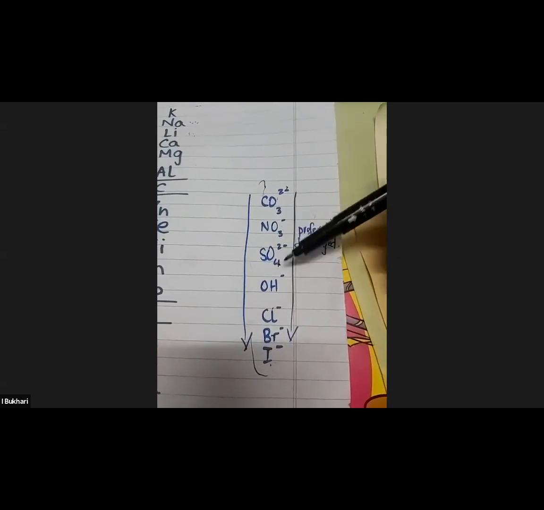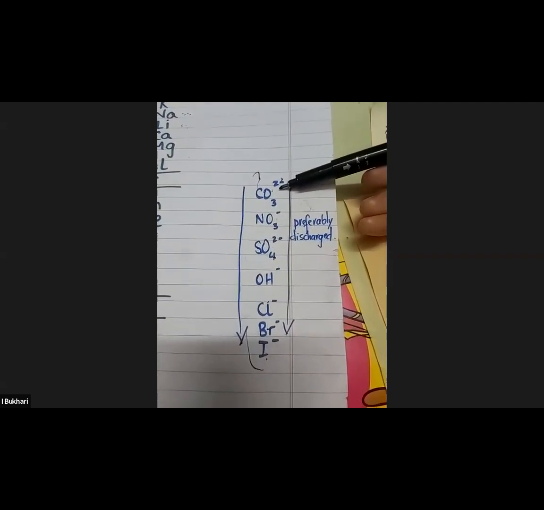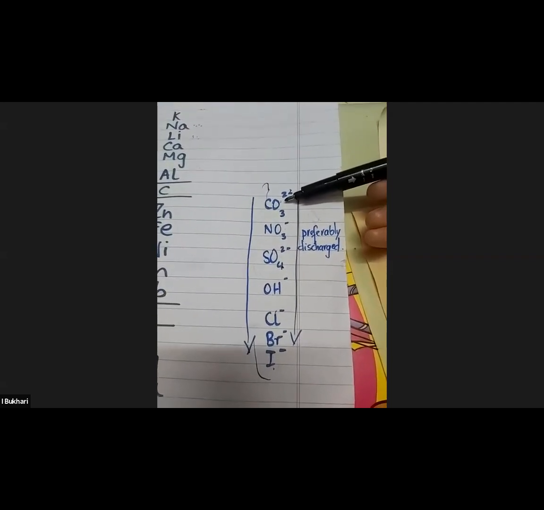To be on the safe side, choose an anion which won't be discharged and which would be left behind, because we don't want anything unnecessary being released at the electrodes. So sulfates and nitrates are our best bets. Carbonates are mostly insoluble, except for group 1 and group 2. So sulfates and nitrates are the best bets.